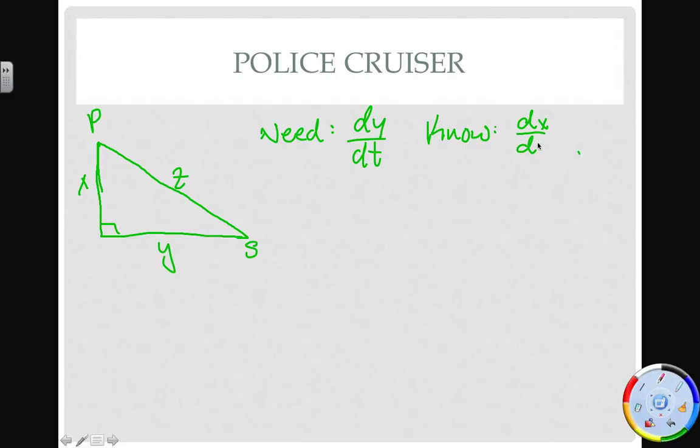We know dx dt, and we know dz dt. Now, dz dt is the change of this hypotenuse length, which is how fast the speeder is getting away from or opening up the distance between them. And we know this to be 20. Now, here's where this gets a little confusing. This distance x is actually decreasing because the policeman is getting closer to the intersection. So we're going to say that this is a negative 60.